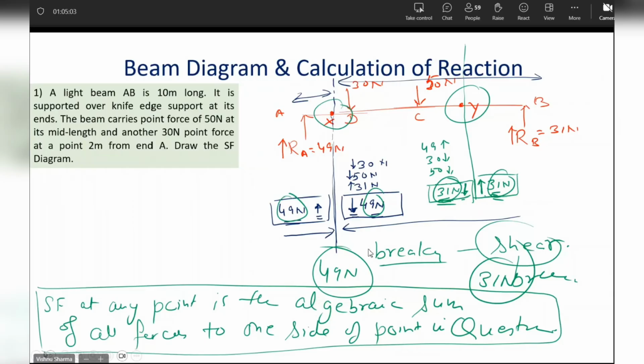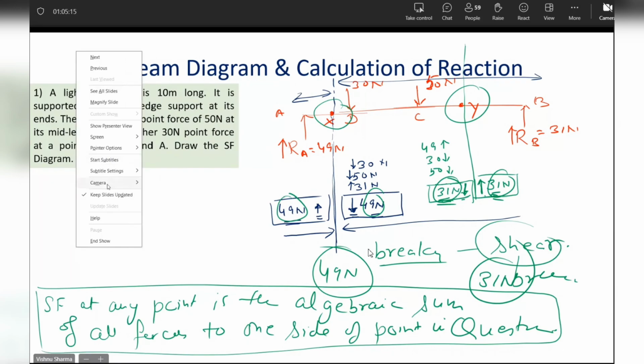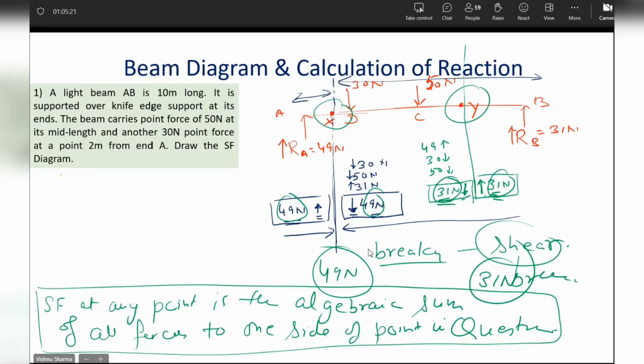So now, how is this upward-downward anomaly addressed? It is addressed by introducing a sign convention. What is the sign convention adopted then?